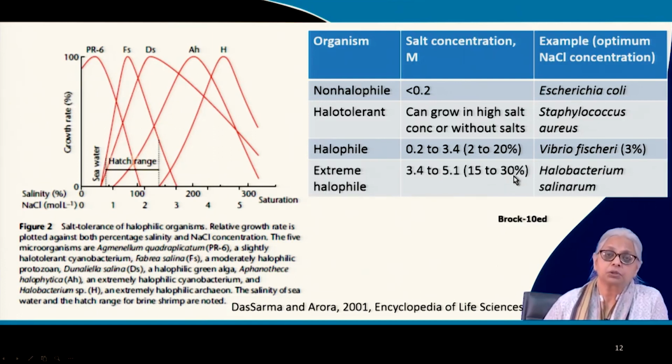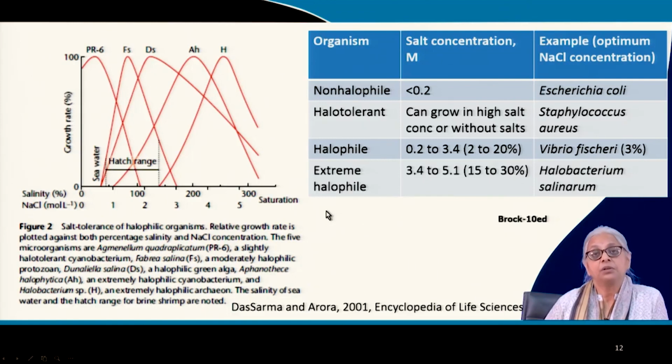Now this kind of salt concentration is found only in salt pans, and several textbooks have photos of salt pans which are colored, and that shows the presence of certain types of bacteria and algae that are salt tolerant. They are extremely halophilic organisms. This is an example of Halobacterium salinarum.